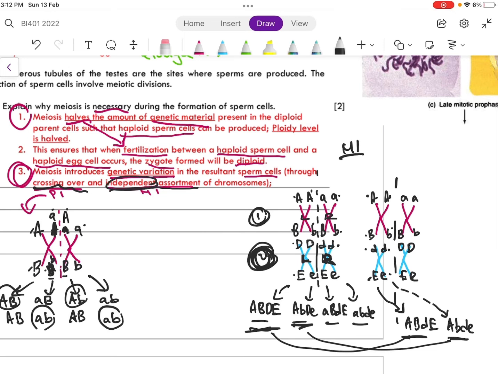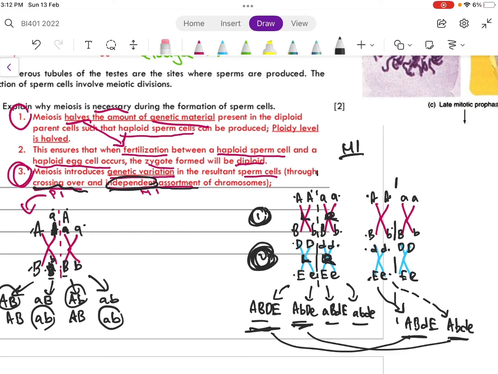But you notice whether they arrange themselves on the left or right affects the resulting combinations of alleles at the end of the day. That's what independent assortment means.